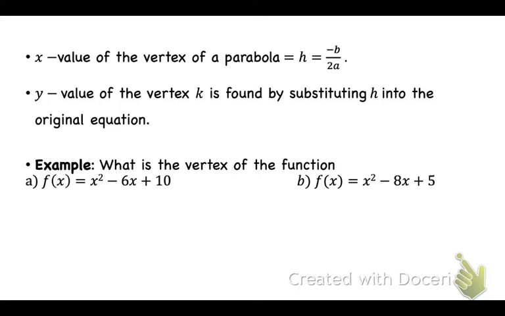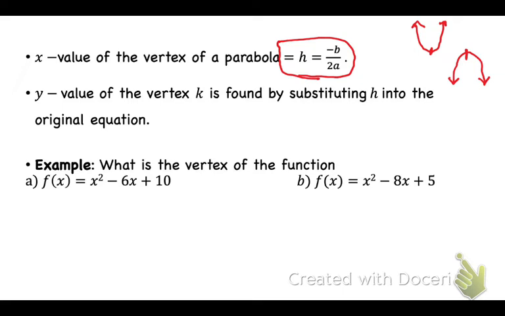So, the x value of the vertex. So remember the vertex on a parabola, because that's the shape quadratics are, right? So the vertex is either a minimum or a what? Maximum. So the x value of the vertex of a parabola is the h, which is negative b over 2a.